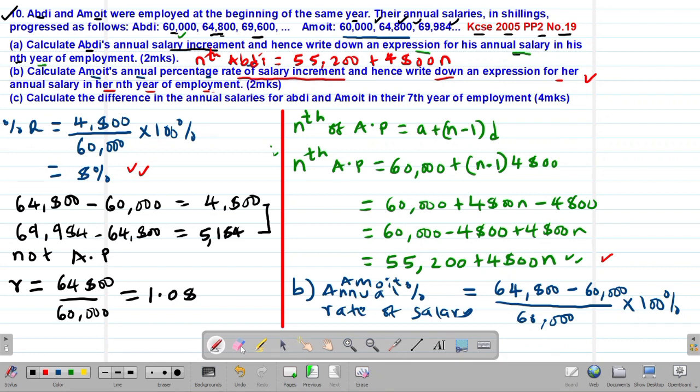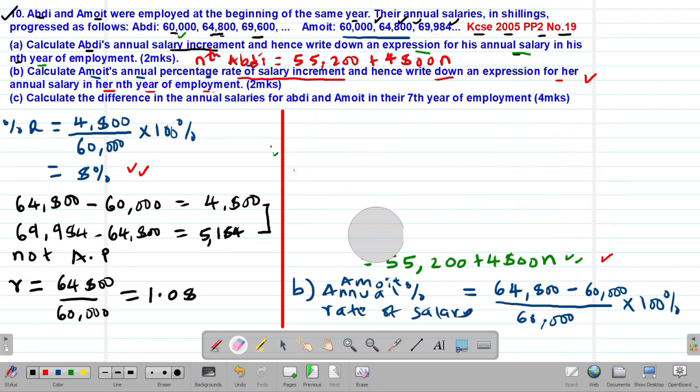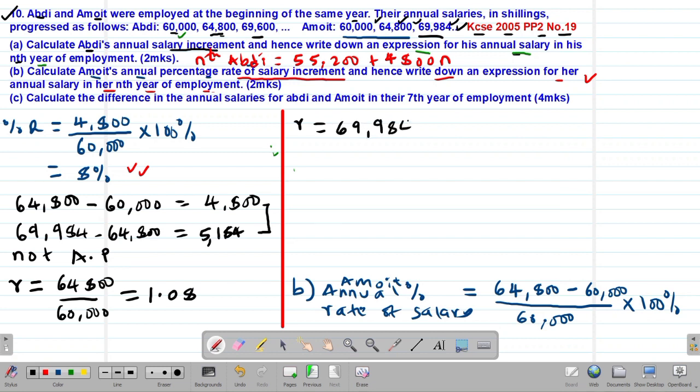We also check the next two terms. The third term, 69,984, divided by the previous term, 64,800. If you feed this on your calculator, you will get again 1.08. So clearly you can see there is a common ratio.